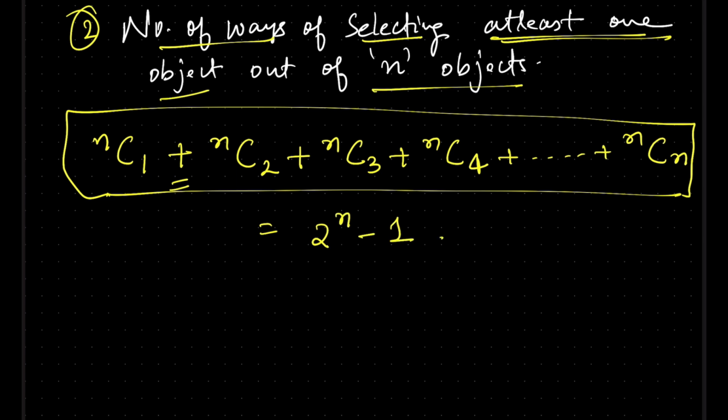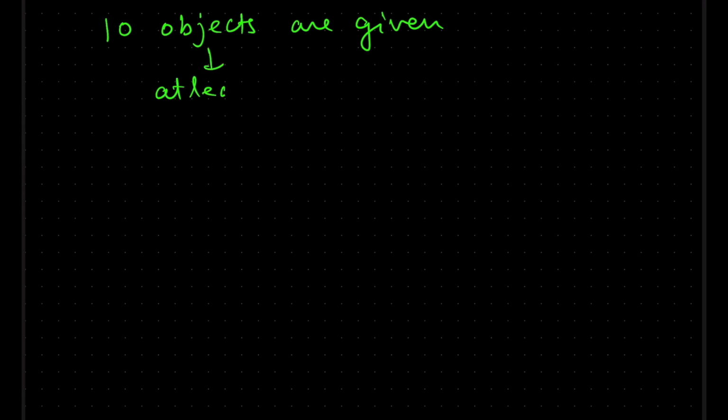Let's not go deep into the derivation of how this formula comes. Just remember the result. Whenever you are asked to find the number of ways of selecting at least one object out of n objects, you will directly write this. For example, suppose 10 objects are given and you have to select at least one object.